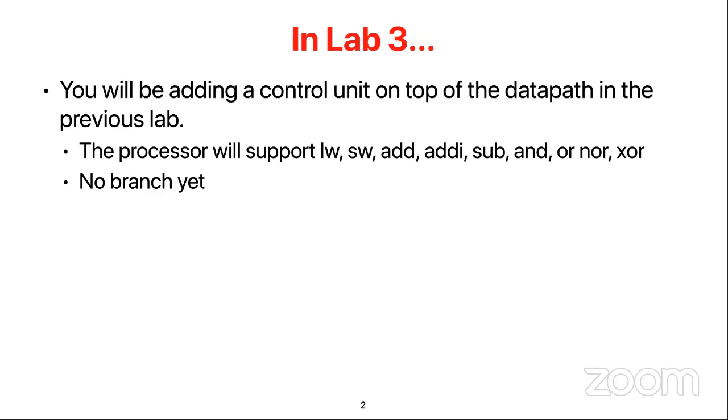The only other types of instructions that we haven't supported are branches and jumps, and those will be your responsibility in lab 4. But for lab 3, we want to support quite a few instructions that don't include branches. So this is the goal of lab 3.